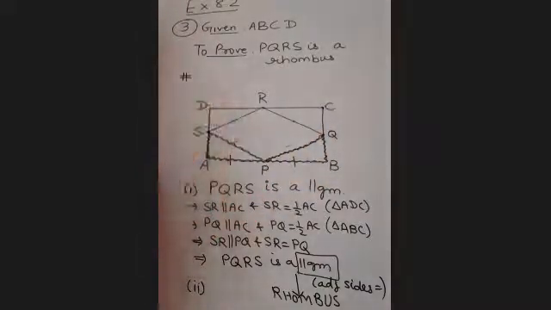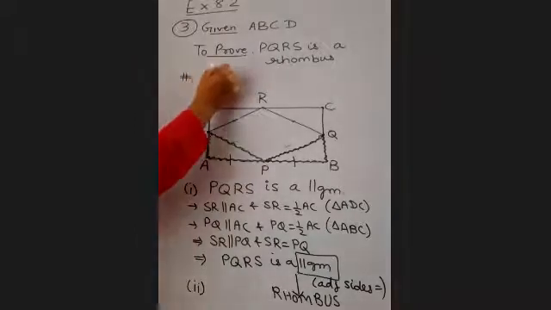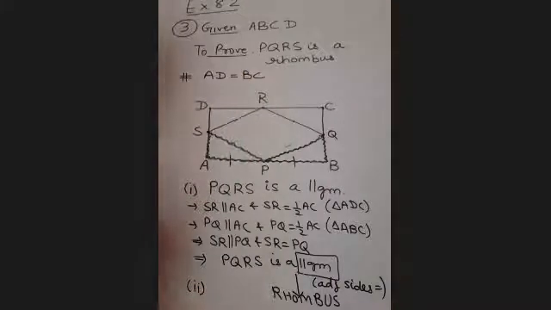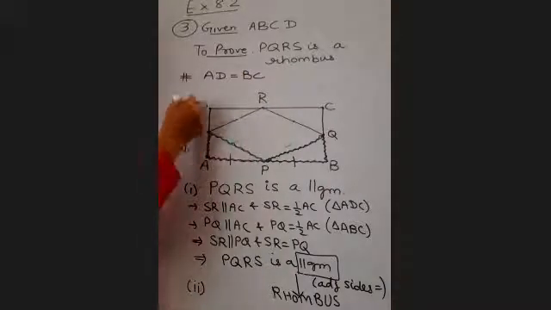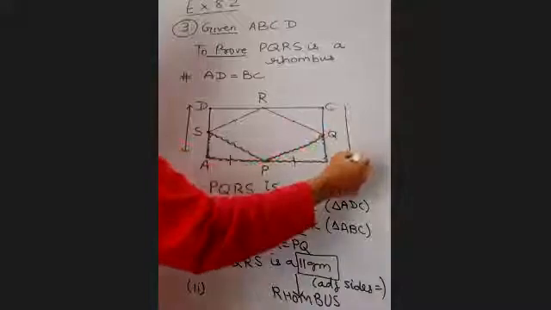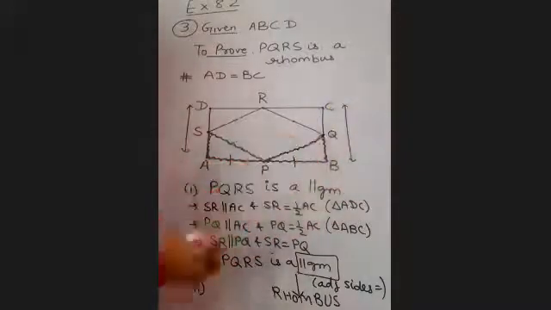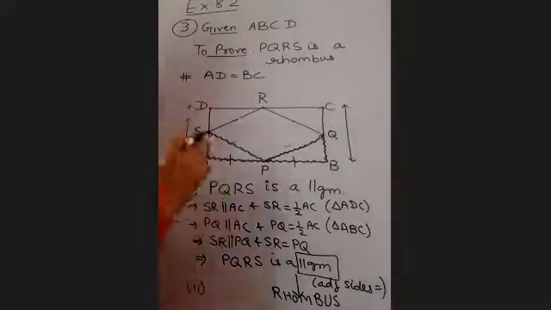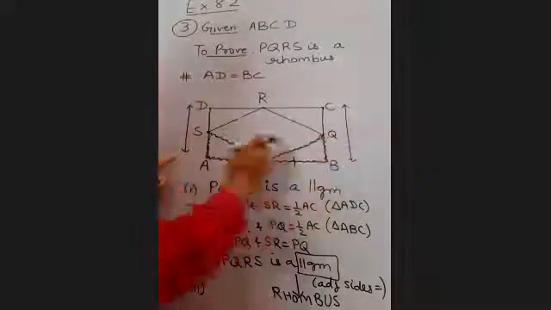ABCD is a rectangle. So do we have, children, AD equal to BC? Yes. Why? Opposite sides of a rectangle are equal.